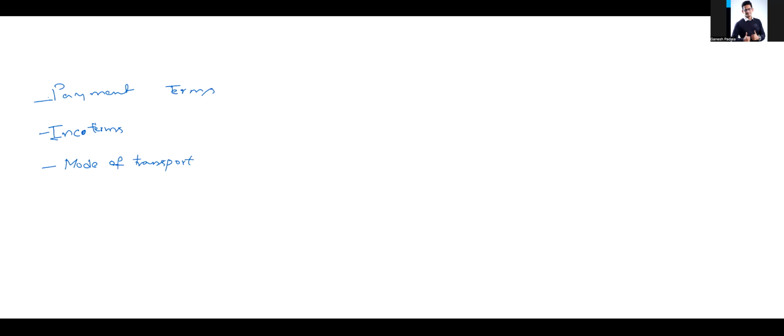How will it impact the business process? Based on the mode of transport, the vendor is going to plan the packaging. If it is going via ship, what kind of packaging? If it is going via air travel, what kind of package? And if it is going via road, how to do the packaging? He will take care of that. It also tells you the delivery time can change.